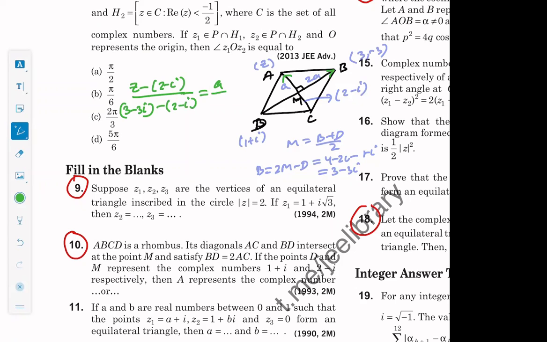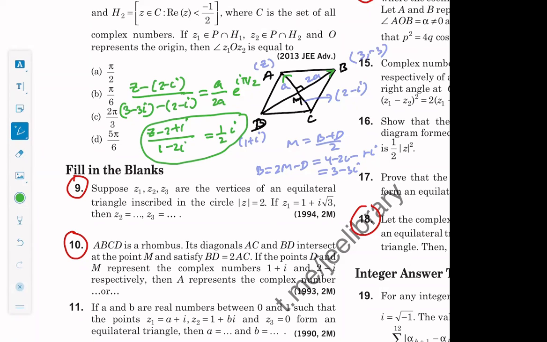The magnitude will be A upon 2A, e to the power i pi by 2. So basically this is Z minus 2 plus i upon 1 minus 2i is equal to 1 by 2 into i. So now you just have to cross multiply, you will get the value of A.